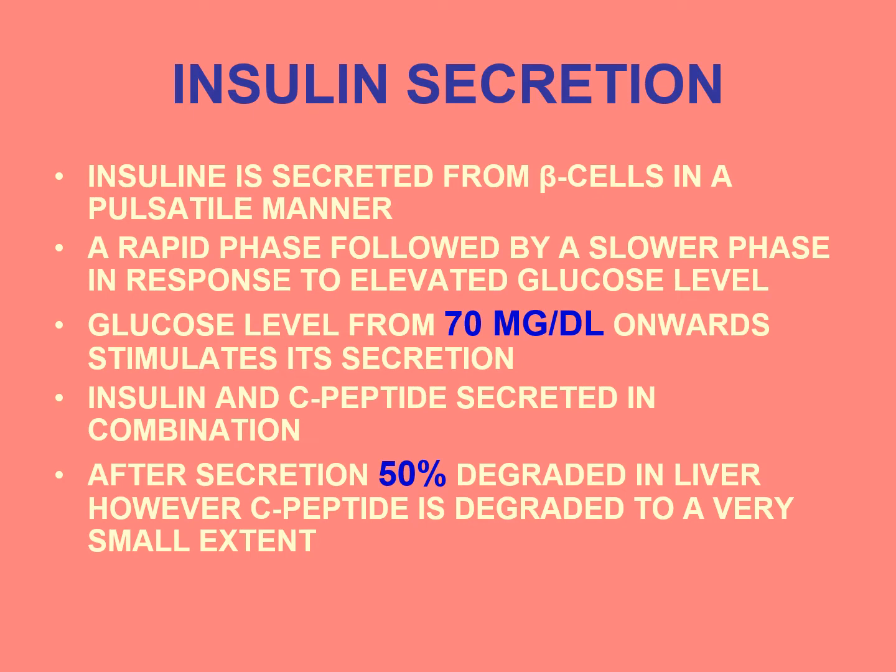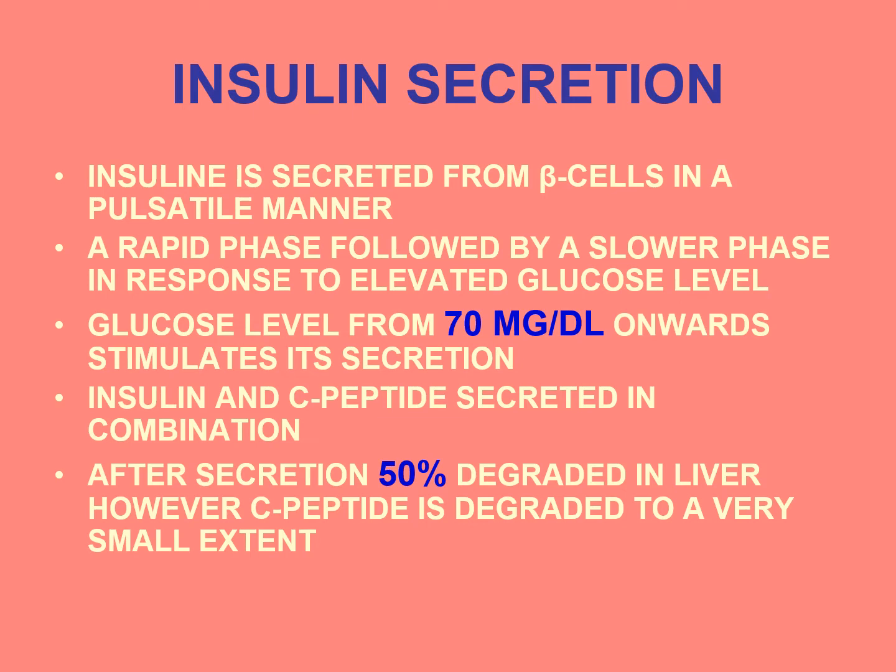Insulin, which is the main hormone that controls the glucose level in the blood, is formed from the beta cells in a pulsatile manner: a rapid phase followed by a slower phase in response to elevated glucose level.